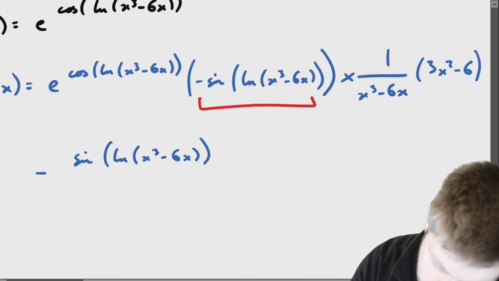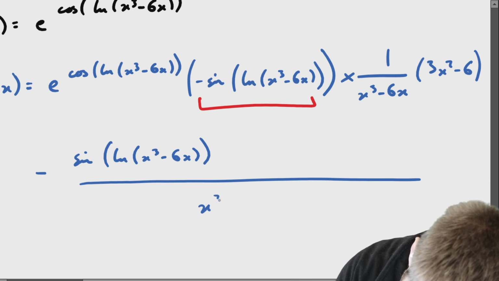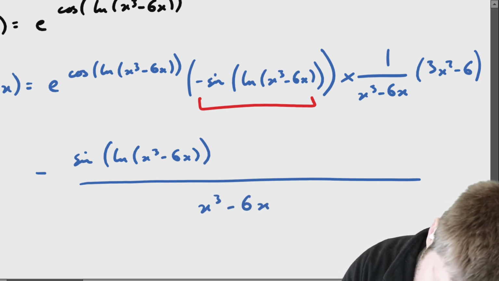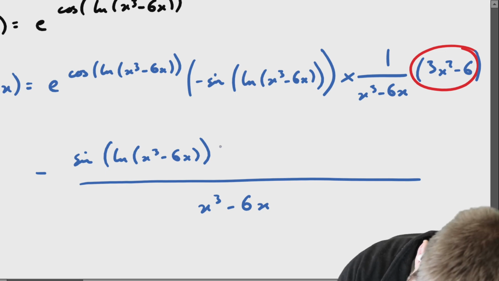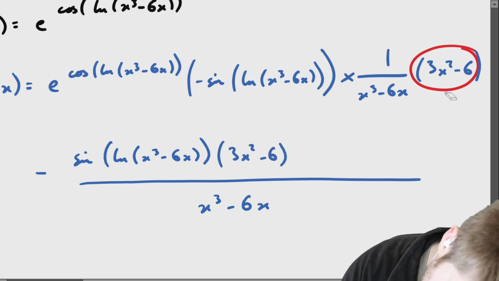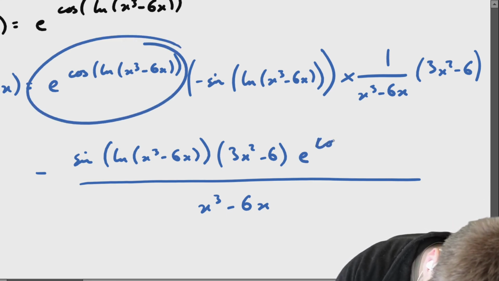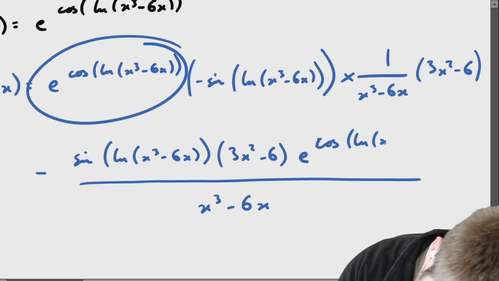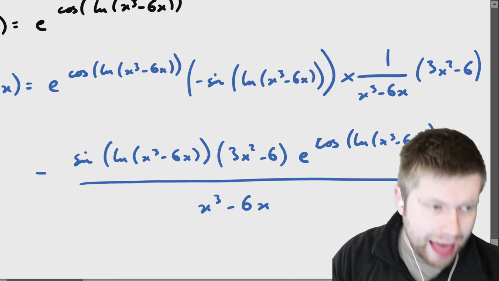So this fraction means on the denominator, I'm going to end up with the x cubed minus 6x. Then I need to multiply by this still, so I'm going to stick that in a bracket as well. So I've got 3x squared minus 6. Then I've still got the e to the power of the cosine of the natural log of x cubed minus 6x.